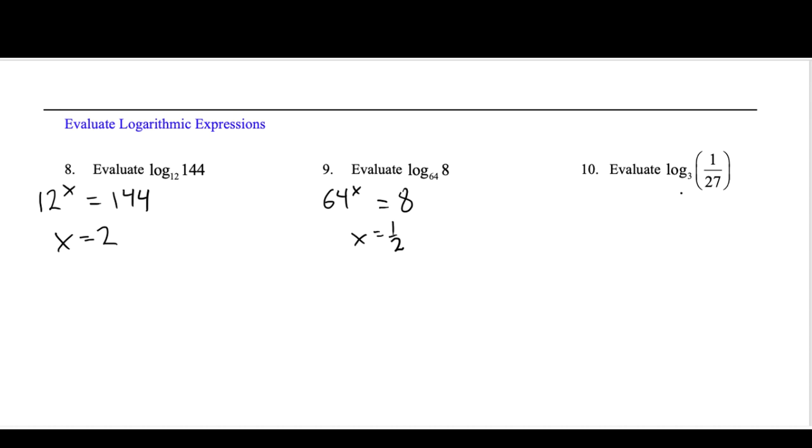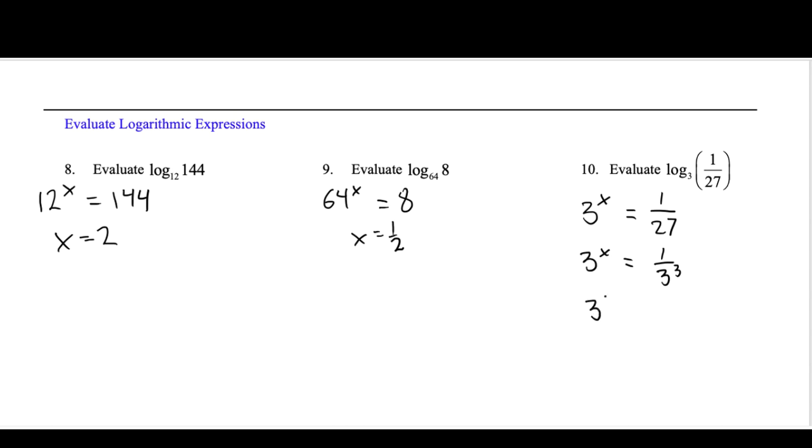Or over here, right, 3 raised to what power equals 1/27. We could say 3 raised to the power of x equals 1/27. This one may not be quite as obvious just by looking at it, but if we rearrange it a little bit, it becomes more obvious. We could say 3 raised to the power of x equals 1/3 cubed, because 3 cubed is equal to 27.